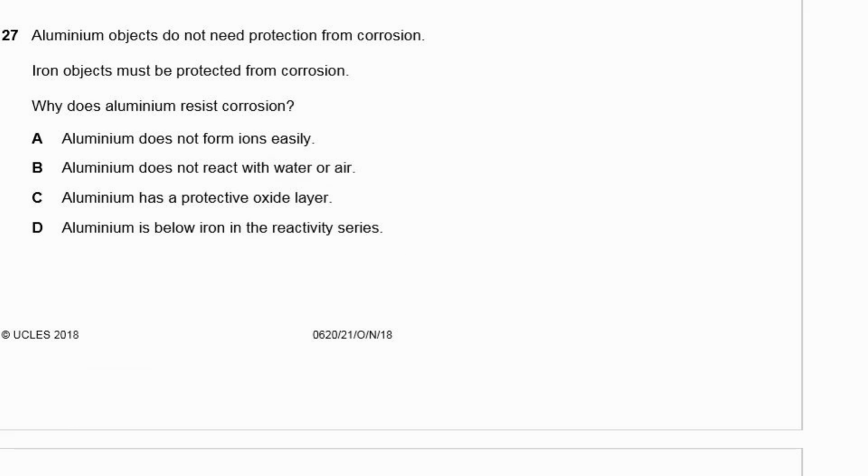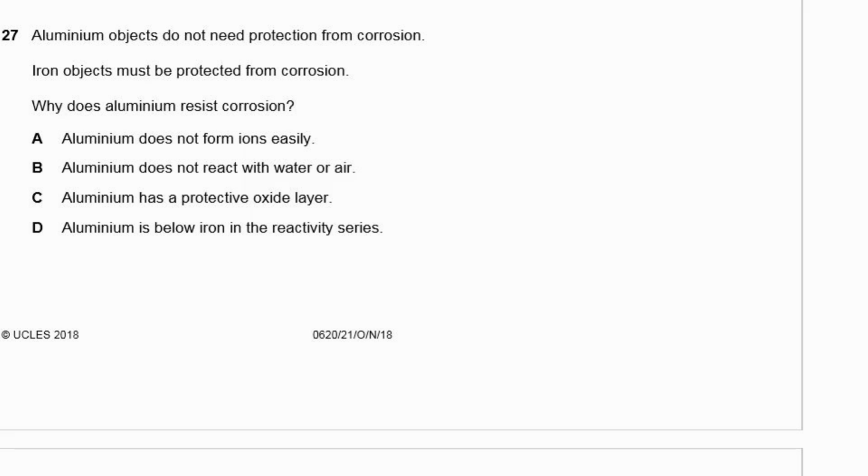Question 27. Aluminium objects do not need protection from corrosion. Iron objects must be protected from corrosion. Why does aluminium resist corrosion? Now this one I find interesting, because you always think of aluminium as a completely unreactive metal because it is everywhere.